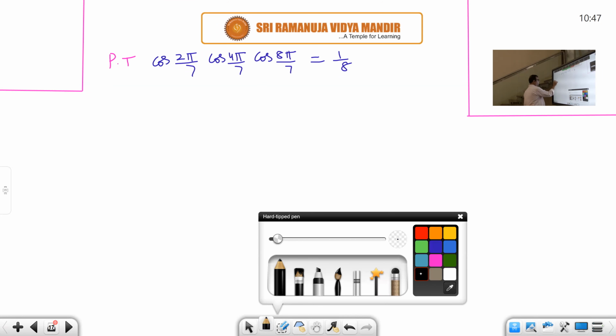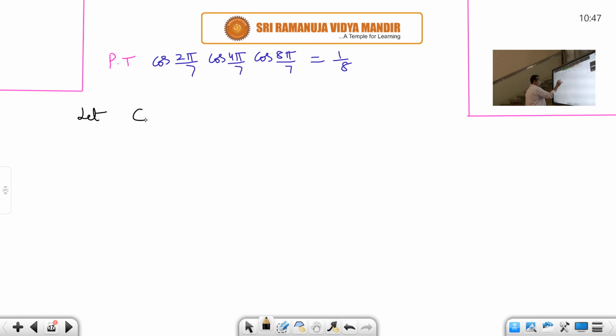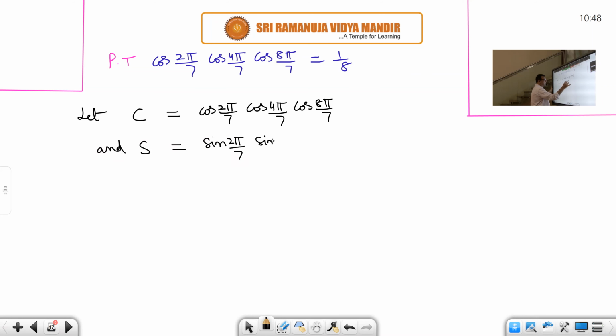Let C be equal to cos 2 pi by 7, cos 4 pi by 7, cos 8 pi by 7, and S is equal to sin 2 pi by 7, sin 4 pi by 7, sin 8 pi by 7.